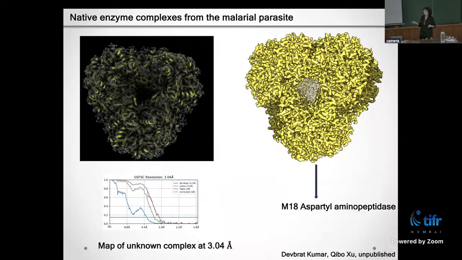So this is also an aminopeptidase which is required by the malarial parasite for survival. Now, for both of these, recombinant protein structures are available, meaning these enzymes have been expressed in E. coli and their structures have been solved. So it is interesting that we are able to work backwards and identify what this protein is.